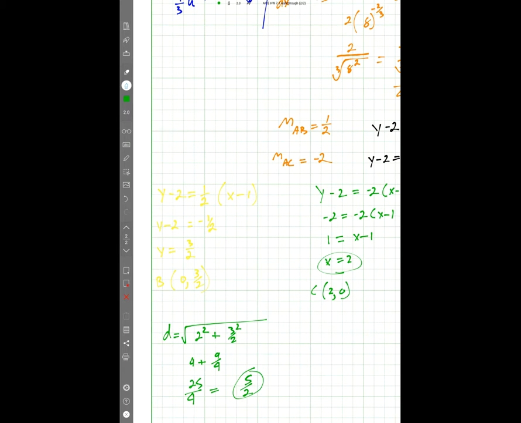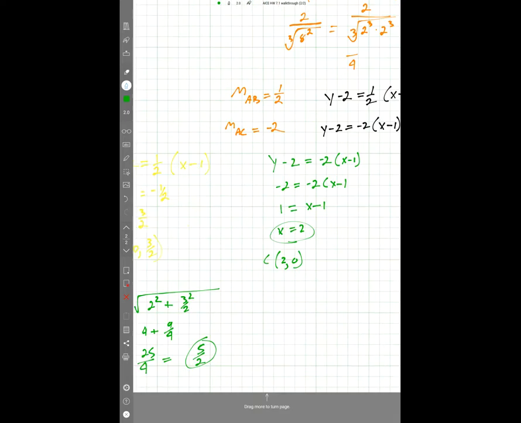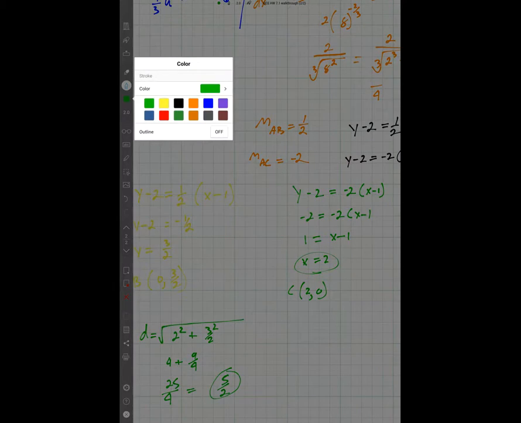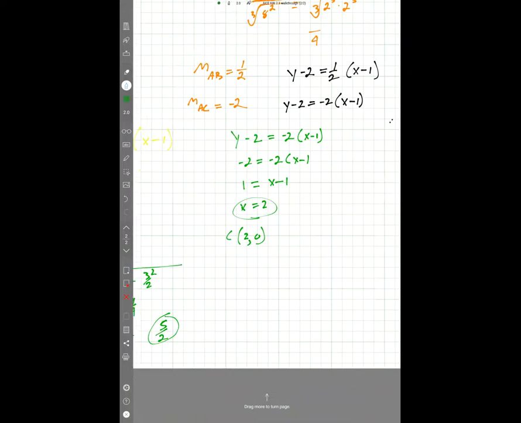For the last part, it says find the coordinates of the point of intersection E of OA and BC, and determine whether E is the midpoint of OA. So we have B, we have C. So what it wants us to do is write an equation for BC.